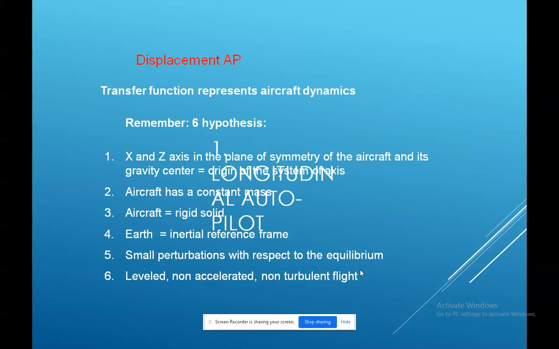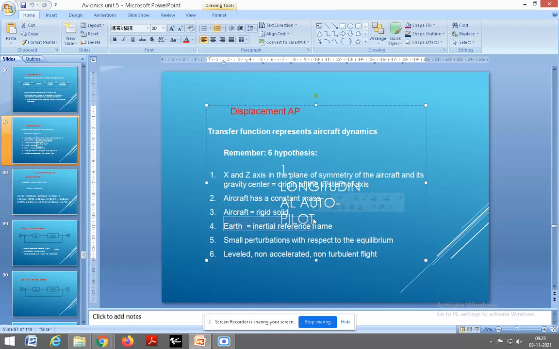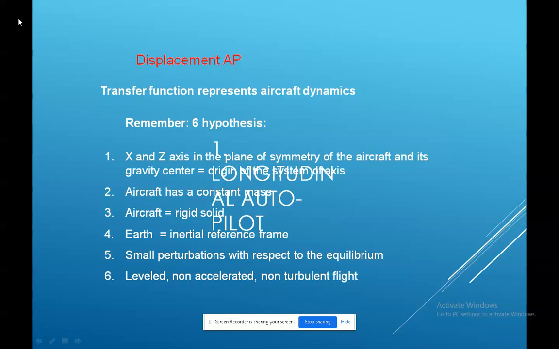These are the six hypothesis points. The x and z axes lie in the plane of symmetry of the aircraft, and its center of gravity is equal to the origin of the system of axes. So the plane of symmetry of the aircraft lies on the center of gravity, which is equivalent to the origin. That is the first point.